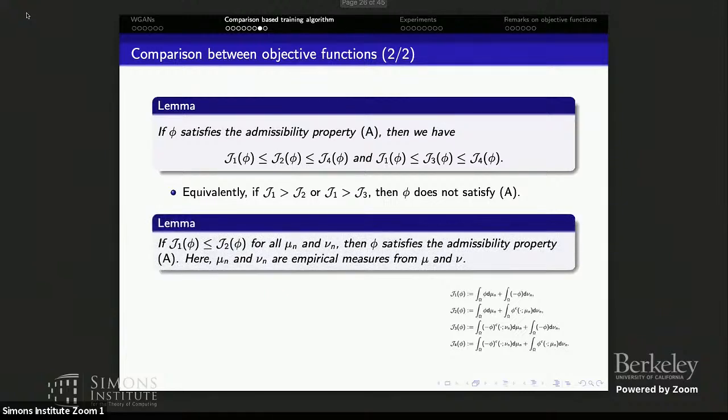Similarly, if J1 is less than or equal to J2 for all empirical measures, then phi satisfies the Odumsov property A. So J1 less than or equal to J2 is equivalent to the Odumsov condition.